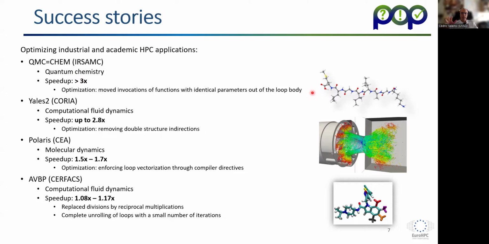And especially not only the type of issues, because in the POP3 assessment, we mainly reported the issues. And here, in these cases, these are examples where we had been working with the developers to address them. So there was the whole optimization process.